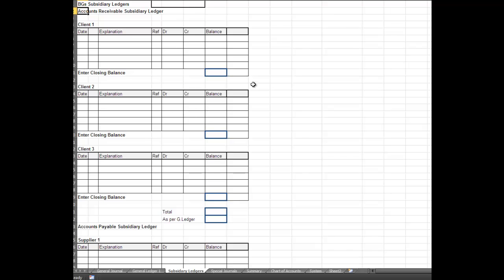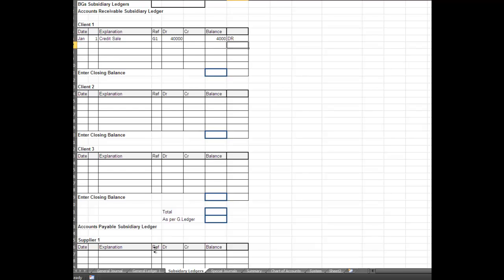So we go to accounts receivable, it is client 1, January, we go to Jan 1, explanation, credit sale, debit 40,000, balance 40,000. This was G1, and the balance is 40,000 debit. Then we go to the next item.